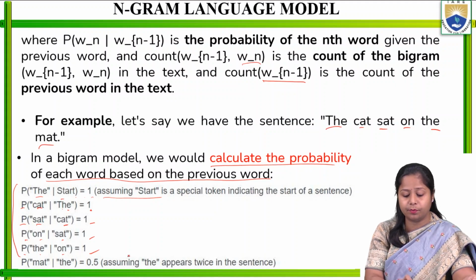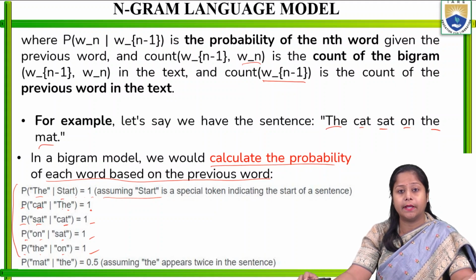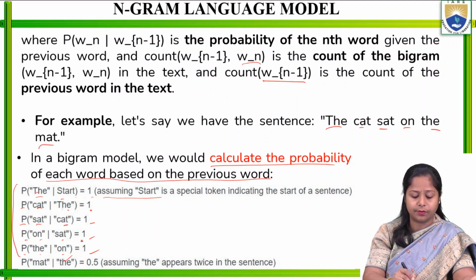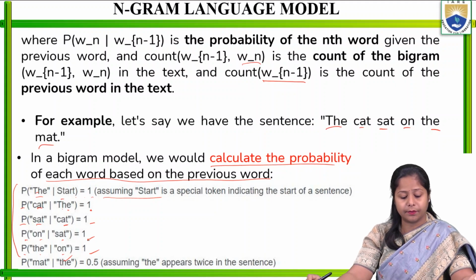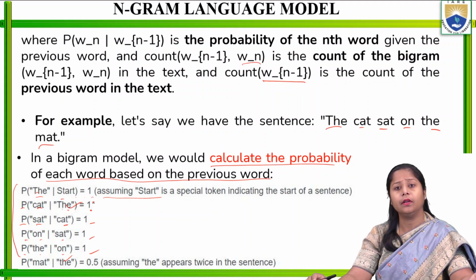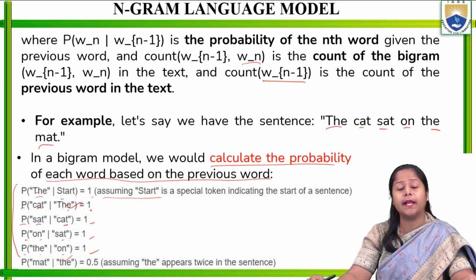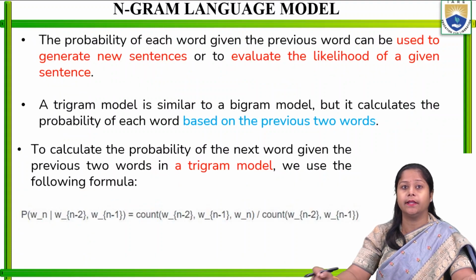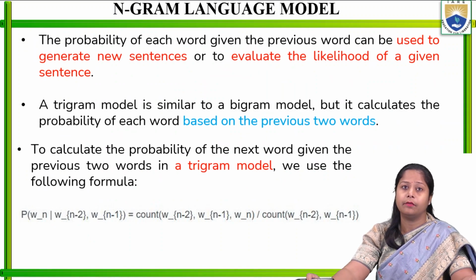It means the word the appears in the sentence twice, here and here. So if one word has been used two times, the probability will be half of that. That's why 0.5. Like that we can identify the different probability values.